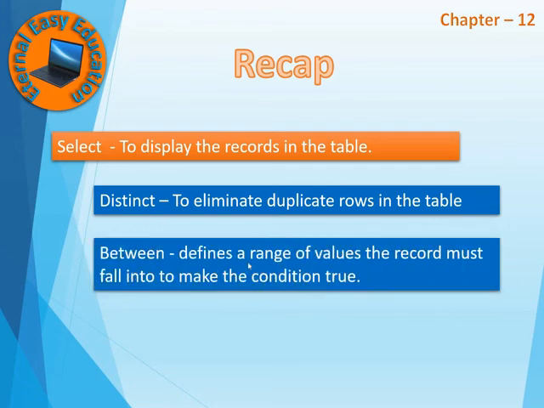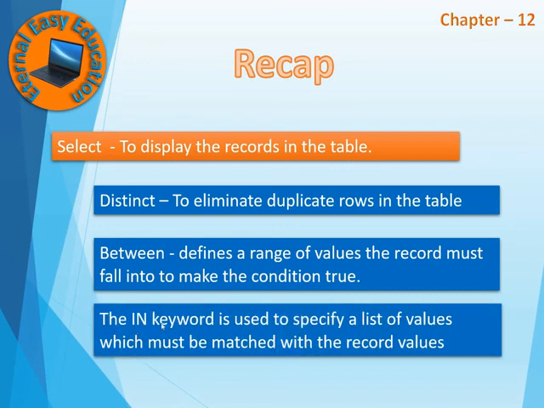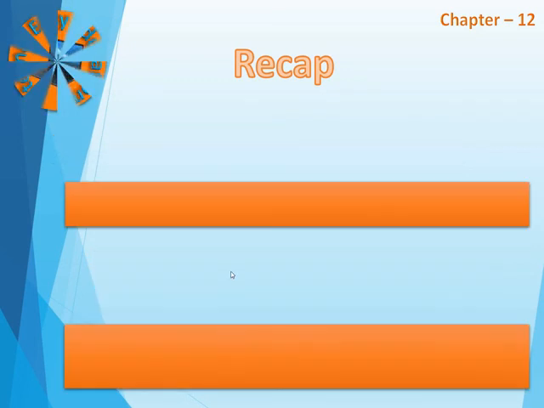Next, between defines all range of values that record must fall into make the condition true. That means a range from 18 to 19, 100 to 200. Then in keyword is used to specify a list of values which must be matched. That means in Chennai and Trichy. So particular records are displayed.